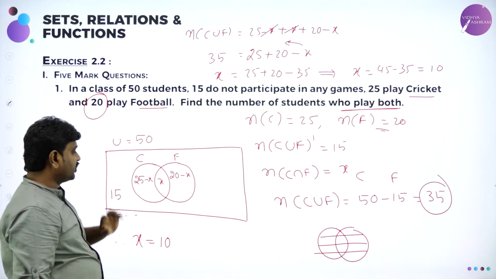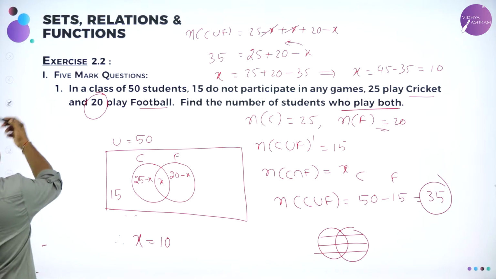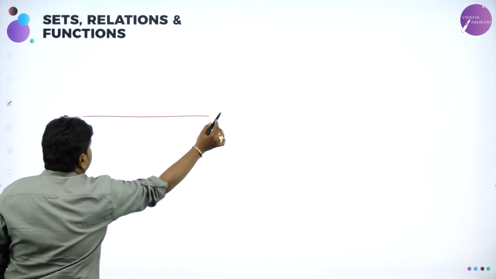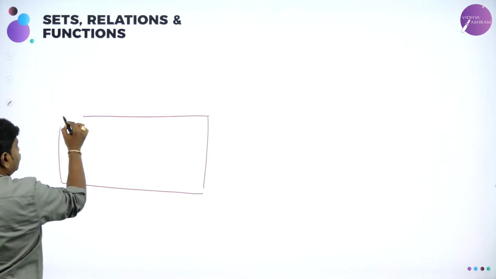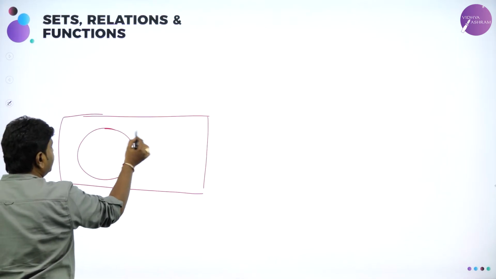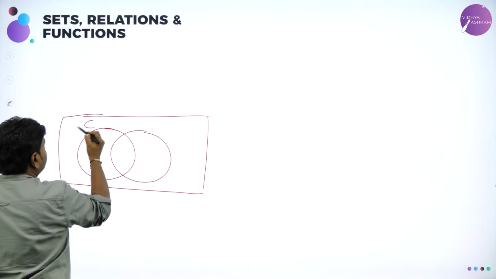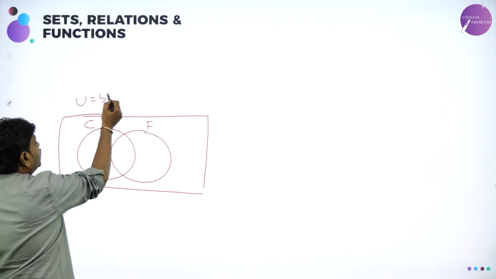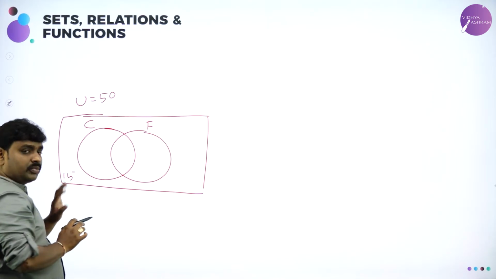Now again redraw the Venn diagram by completing this unknown. So x value is 10, so we'll do it. I'll redraw the Venn diagram. In the Venn diagram, this is the set of students playing cricket, the set of students playing football, universal 50, and the remaining 15 do not play anything.